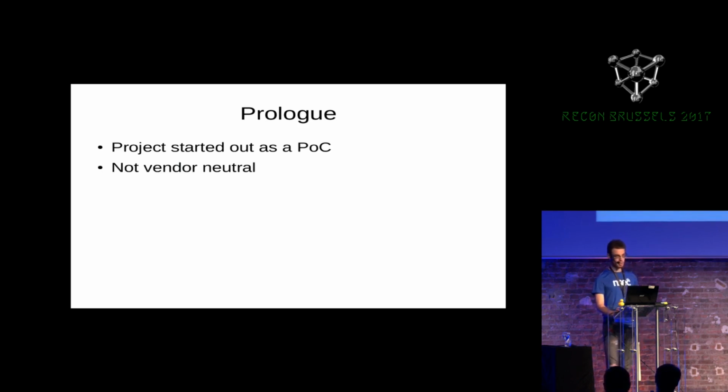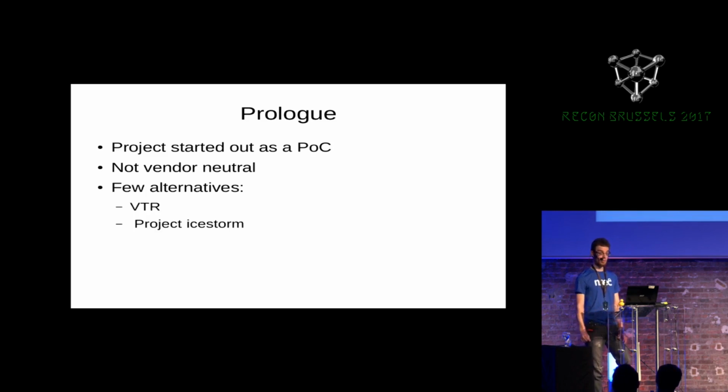So I tested a bunch of stuff and finally got around to reading the paper. I thought, okay, that sounds interesting, I'm going to try it out and implement the proof of concept. But this was not vendor neutral. It relied heavily on a specific vendor tool, and there were very few alternatives to build on.